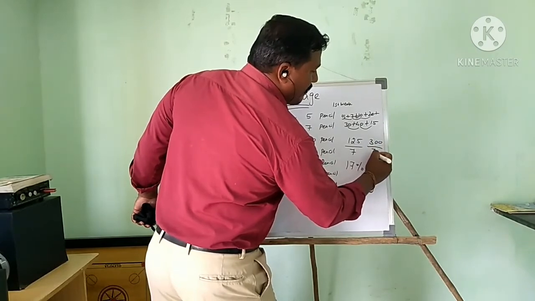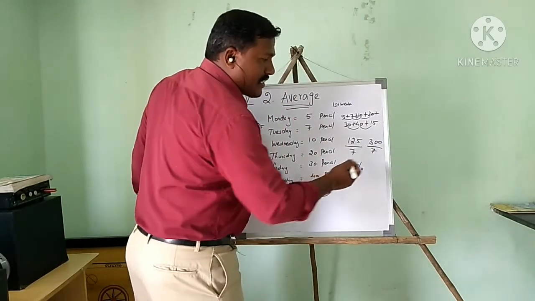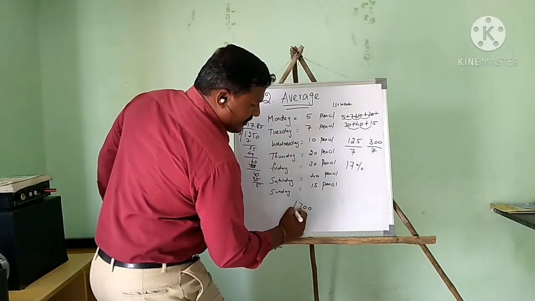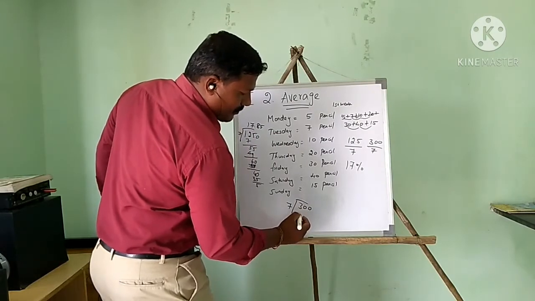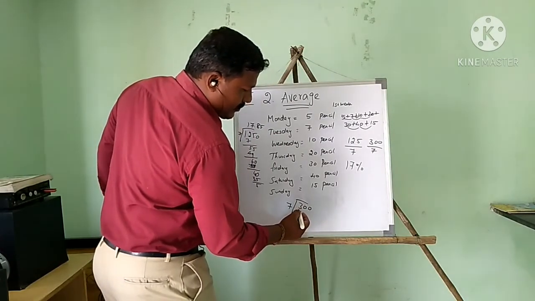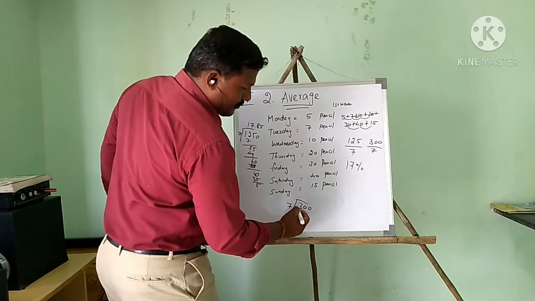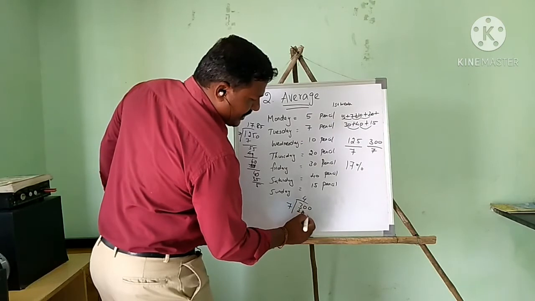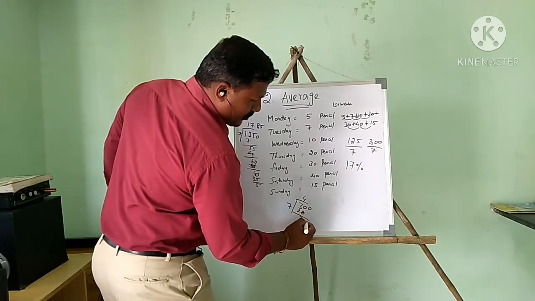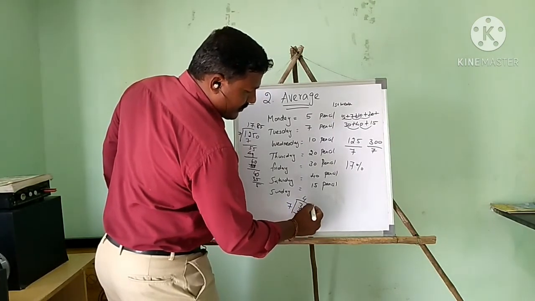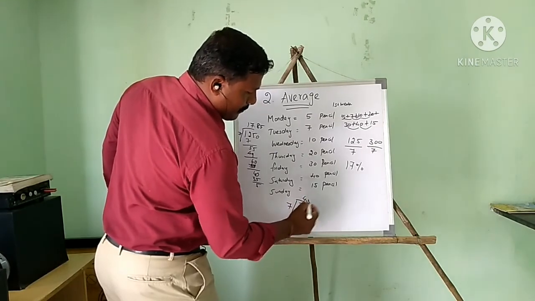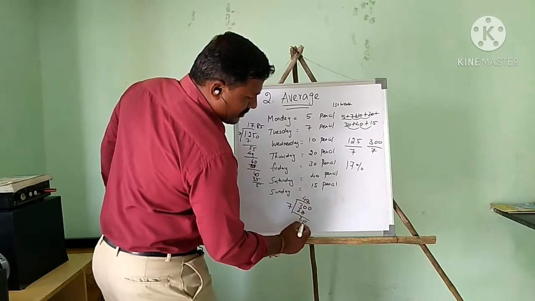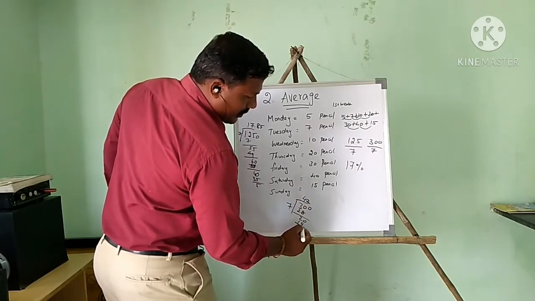If you divide by 7, 300 divided by 7: 4 sevens are 28, remainder 2, 20. 2 sevens are 14, remainder 6.